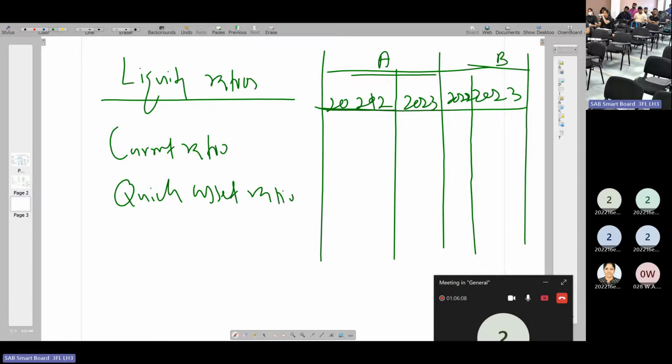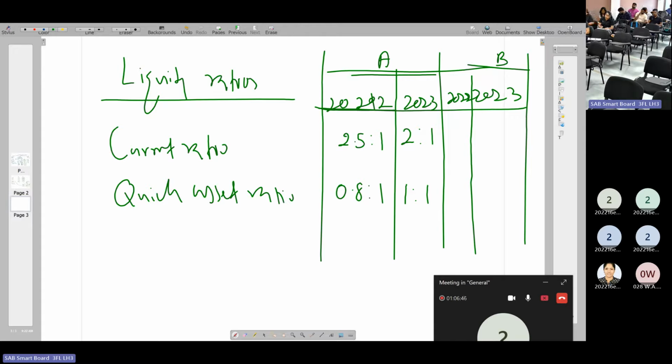Company A in 2022, let's say 2.5 to 1. Here 2 to 1. Quick asset ratio 0.8 to 1. Here 1 to 1.